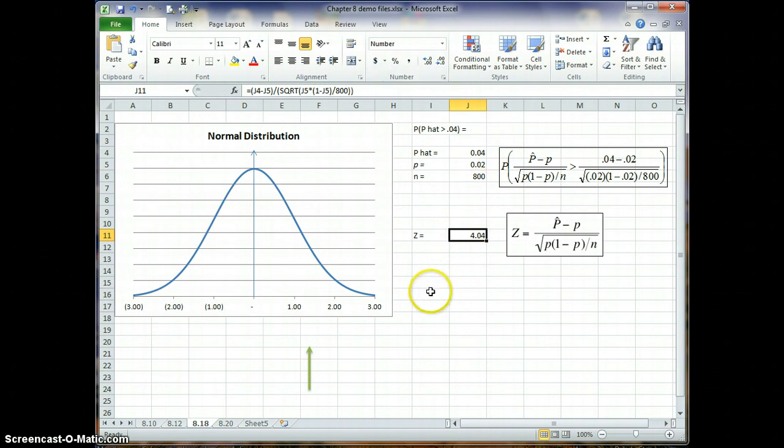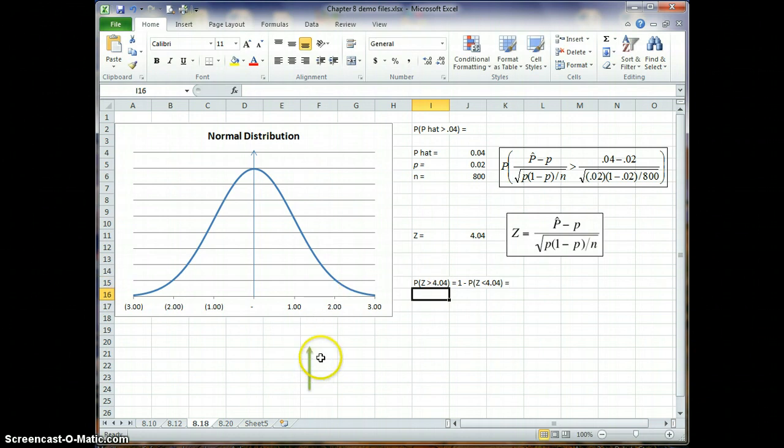So given that, what we want to say then is the probability of z being greater than 4.04 is equal to one minus the probability of z less than 4.04 equals.